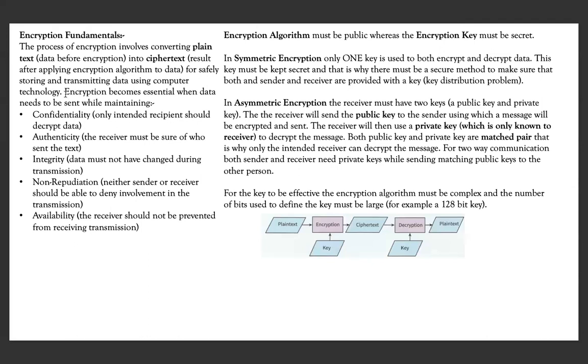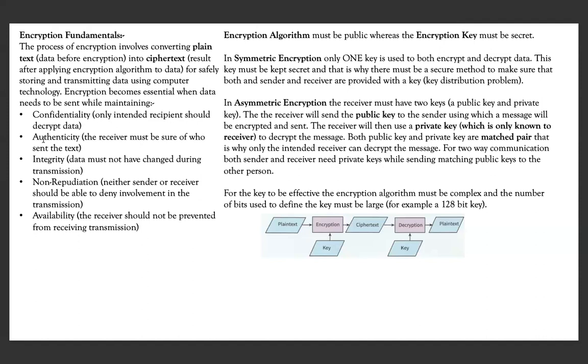Encryption becomes essential when data needs to be sent while maintaining confidentiality. Only the intended recipient should decrypt the data. That means you are maintaining secrecy of what message is being sent, and any unauthorized access will not result in any information loss or information being revealed to unauthorized users.